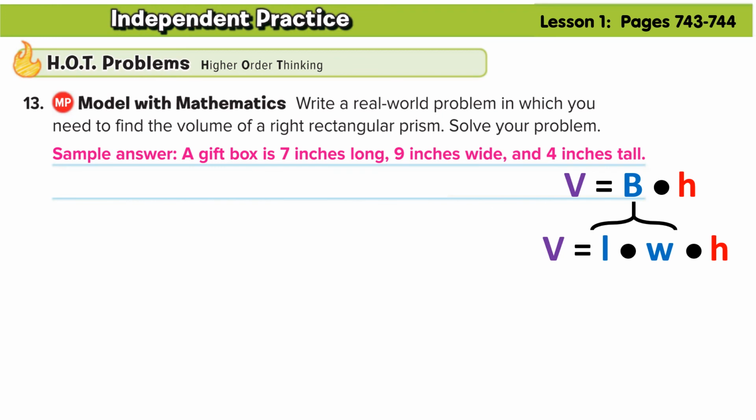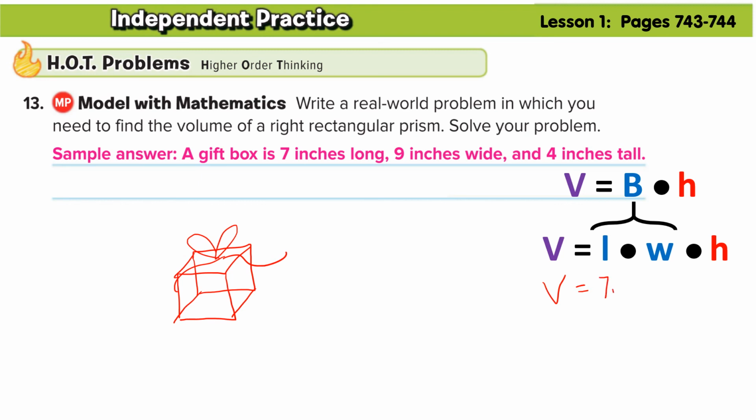Here is a sample answer. A gift box is 7 inches long, 9 inches wide, and 4 inches tall. So we could solve this problem. Well, here's our gift box. Okay, a little bow. So the volume, we're going to figure that out.